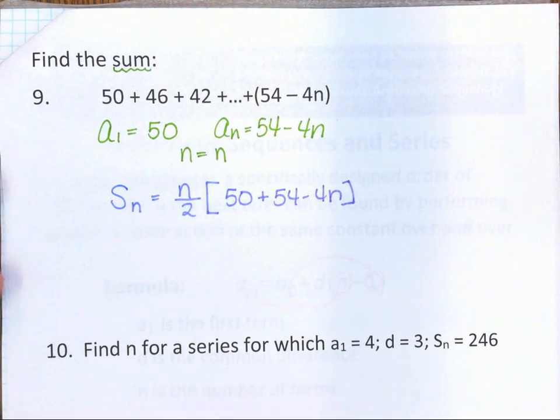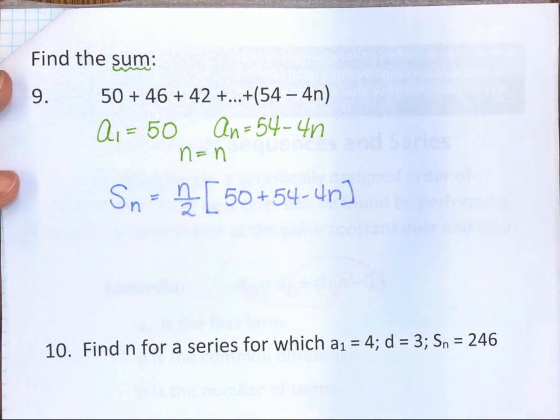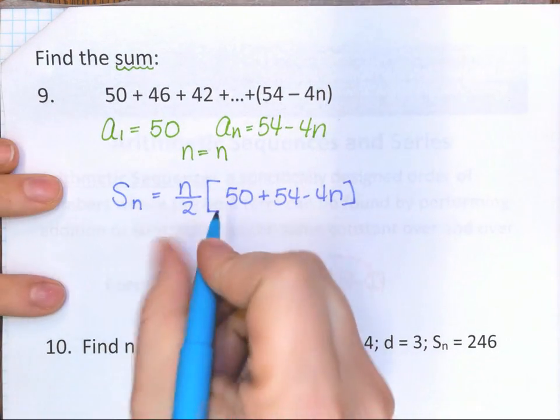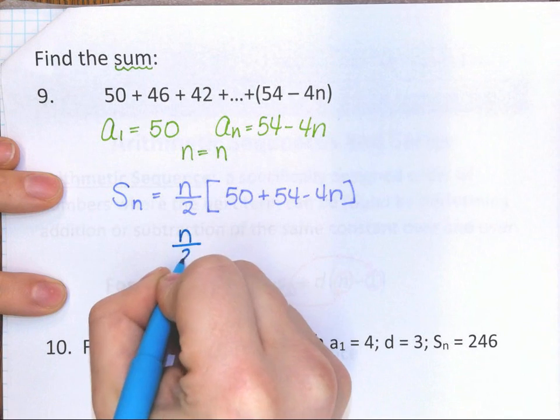Now, we're not going to get a single answer for this. We're not going to say, okay, the sum is 35, which it wouldn't be because all the numbers are bigger than that anyways. But we're not going to have that. We're going to have some expression. So we do want to simplify it as much as possible. What is 50 plus 54? 104.